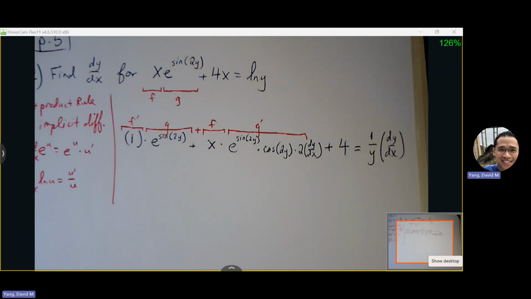Okay, we're done with the calculus. Now you're just moving things around, trying to collect your dy dx terms together so that you can factor that out. So I'm going to see if I can compress some of these terms together first.